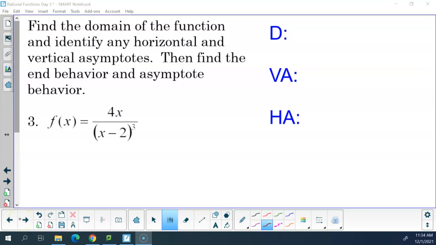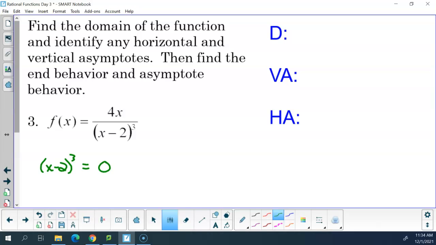What do we do first? Set the denominator equal to 0, right? So that's going to be the quantity x minus 2 cubed equals 0. Yes? Now, we've got 2 options.